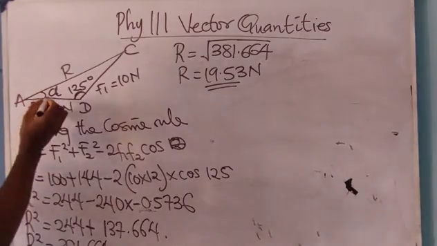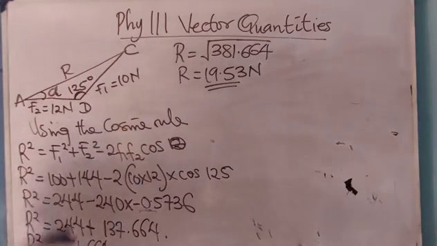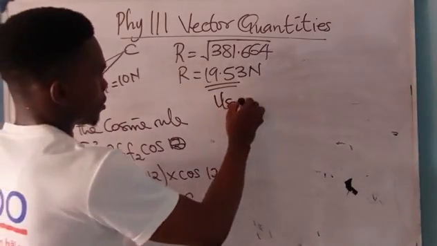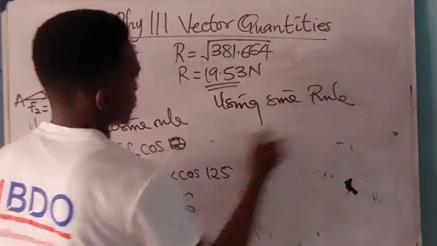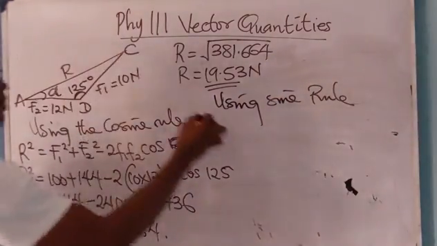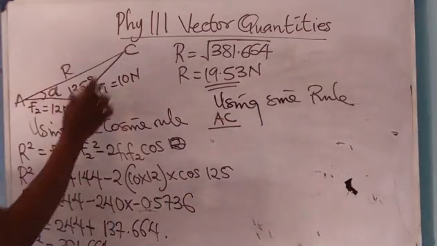Now we have not gotten the value of this angle. That's where we now apply the sine rule, as I gave us initially. Now using the sine rule, AC over what? What is the angle facing it?